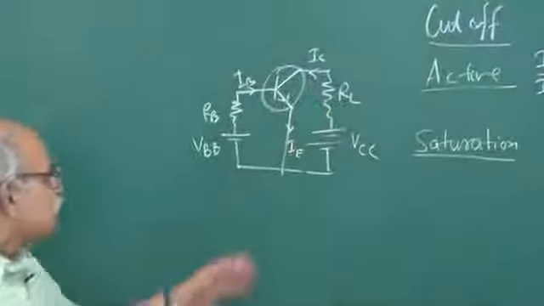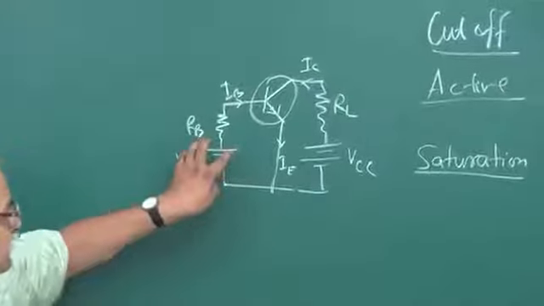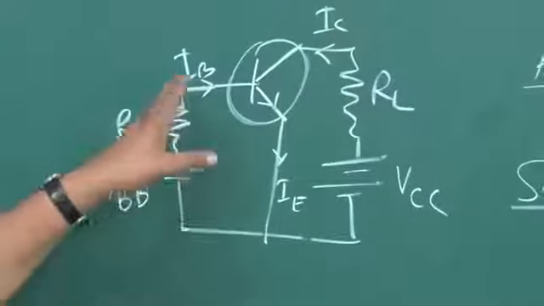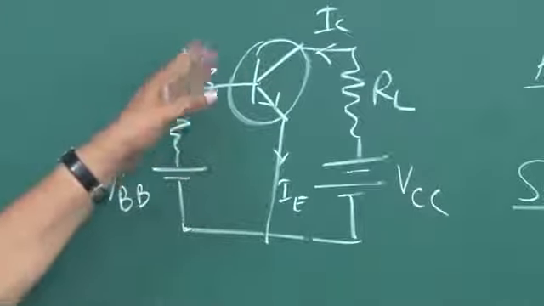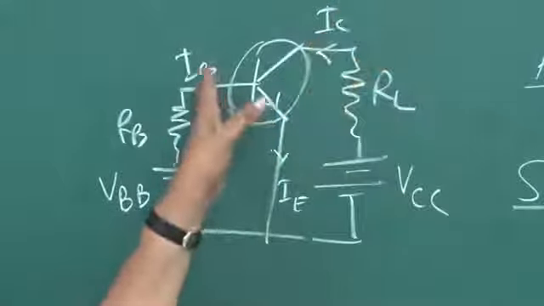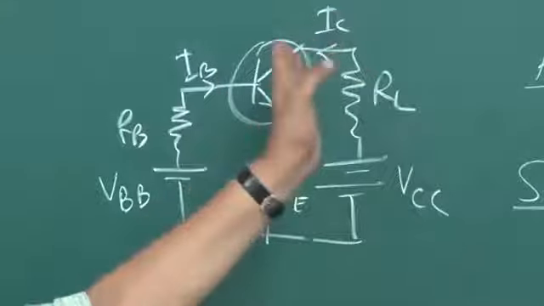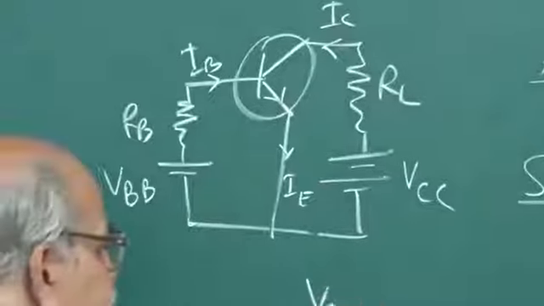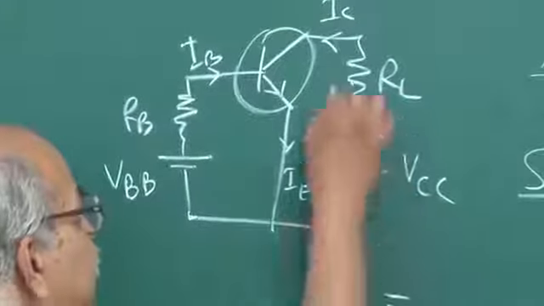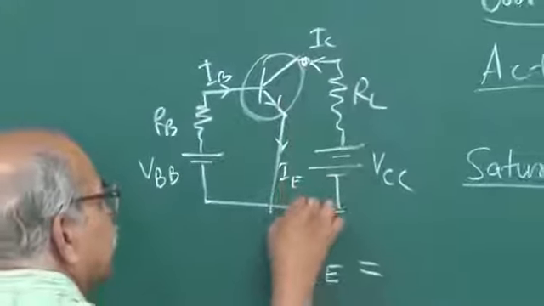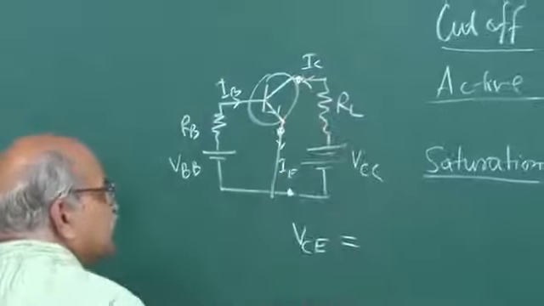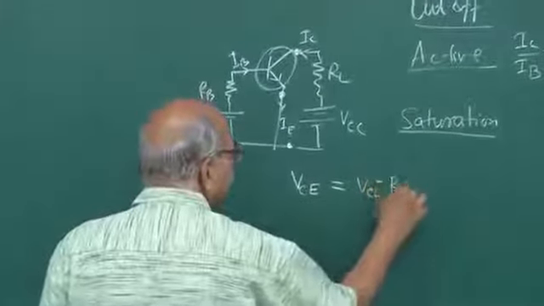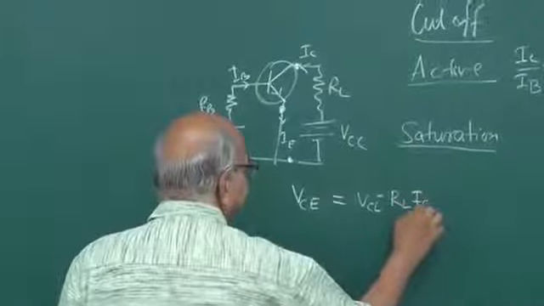So, to start with, suppose we have our biasing battery low, so that this IB is low and this is reverse biased, and IB is low, then correspondingly IC will be beta times IB, but that is also low. So, what is VCE? VCE is between this point and this point. This is VCE. So, VCE is VCC minus RL times IC.